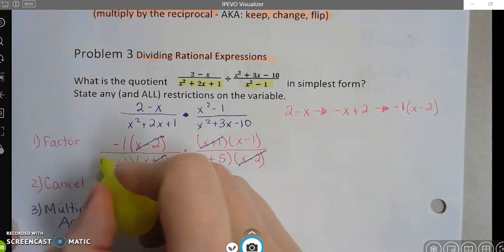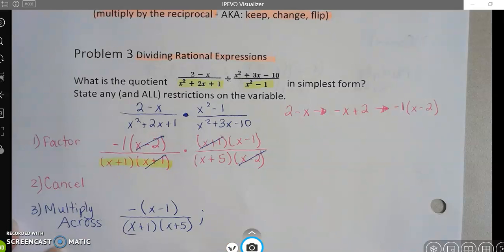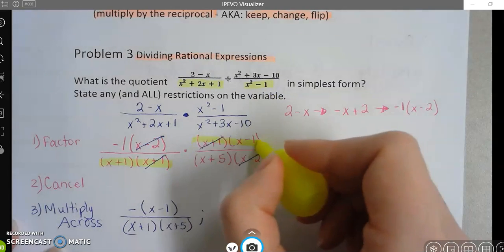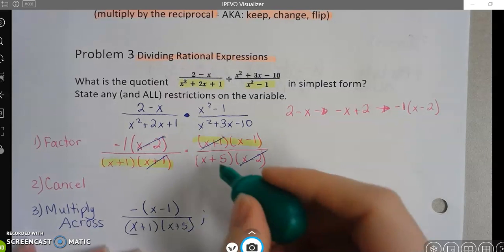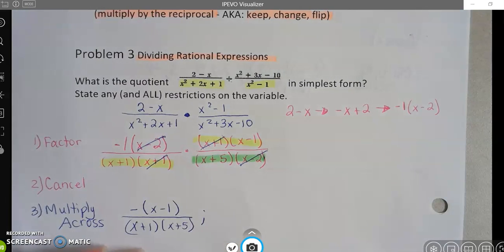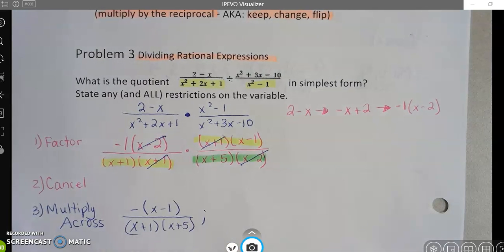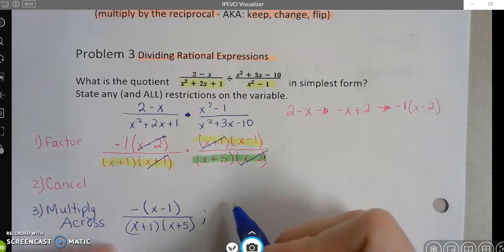Those factored forms are x plus 1 times x plus 1, and also x plus 1 times x minus 1, which got flipped on top. So those used to be denominators, so you do need to include those in your restrictions. And then you also have your denominator that was created when you flipped your fraction, x plus 5 times x minus 2. All of these factors create restrictions on your domain.